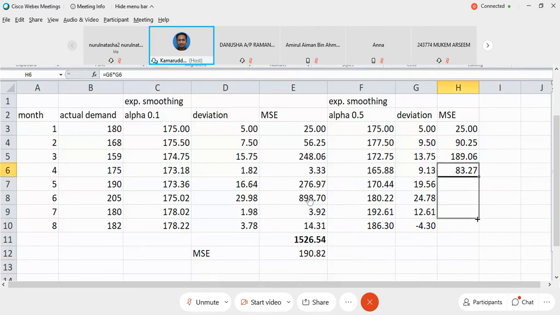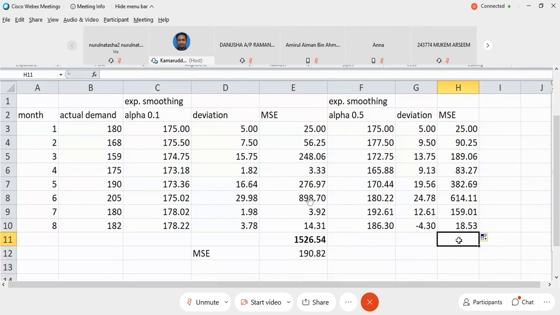Here we have the total mean square error, 1561.92, which will be divided by 8 quarters, right?